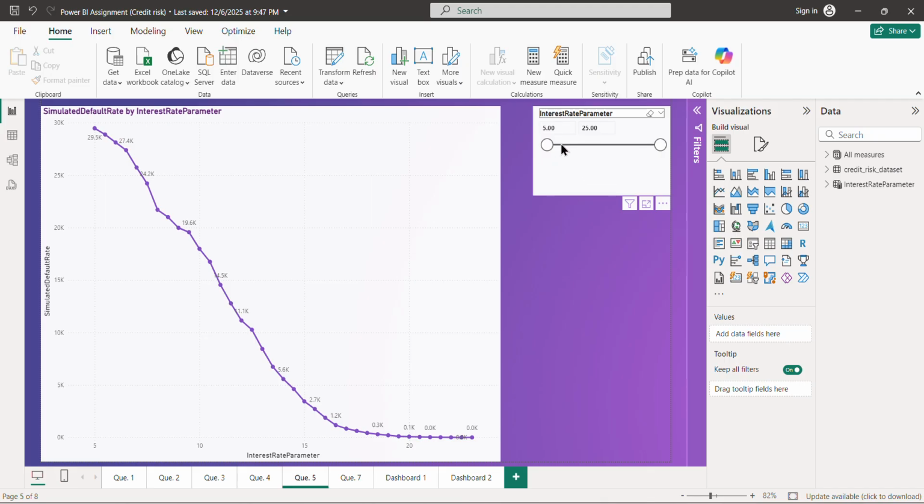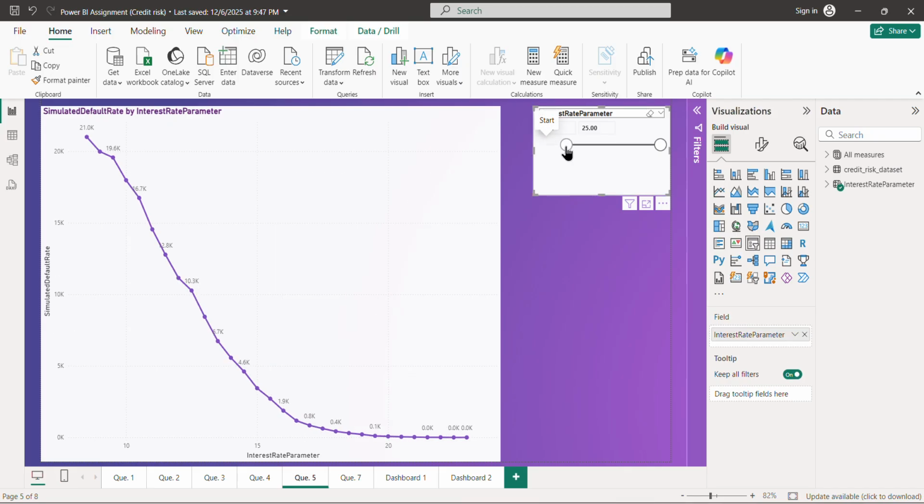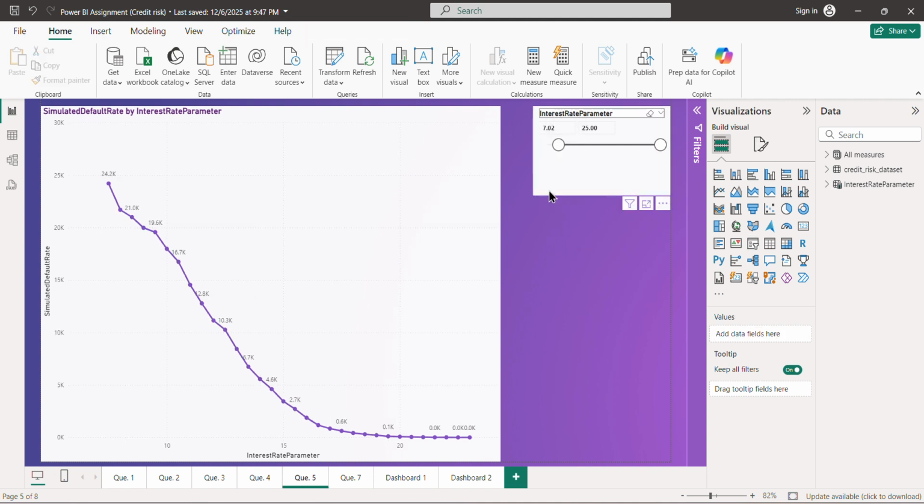So if I choose 8%, let me choose a precise number, okay, 7%.